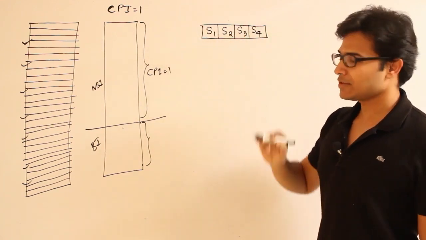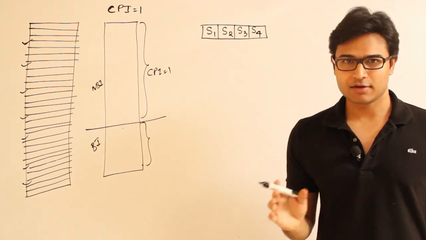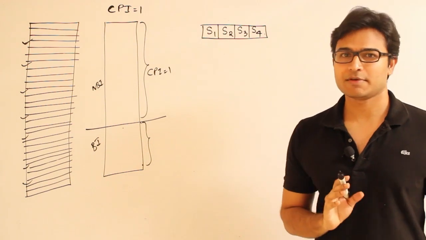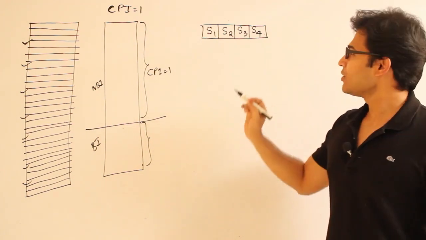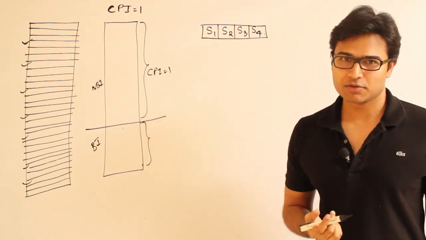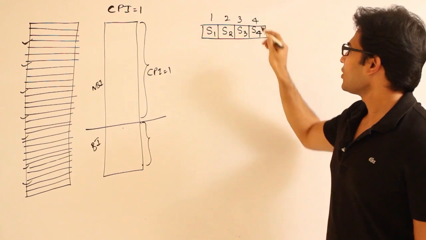The target instruction address after the branch instruction is evaluated will be available only after the 4th stage. Therefore we are going to introduce stalls after the branch instruction without executing it. 1, 2, 3, 4 clocks.